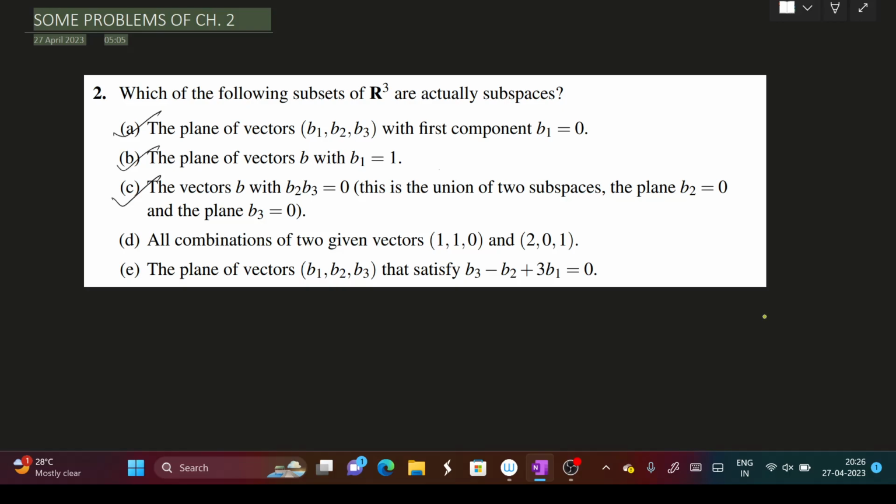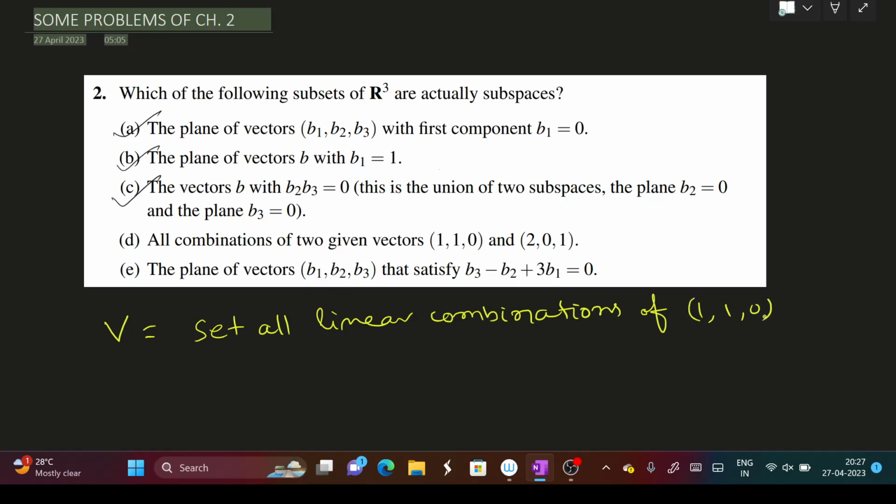What is it telling? My V is the set of all linear combinations of the vectors 1, 1, 0 and 2, 0, 1.